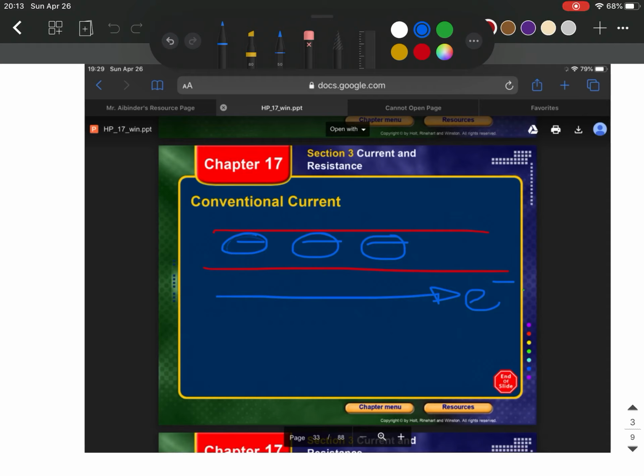So electrons are negative. So if the electrons are flowing in this specific case in my wire to my right, my conventional current is going to be flowing in the opposite direction, which is the flow of positive charge, which is to my left in this specific example. So keep that in mind. Conventional current, even if the electrons are flowing, conventional current has the direction of the positive charge.